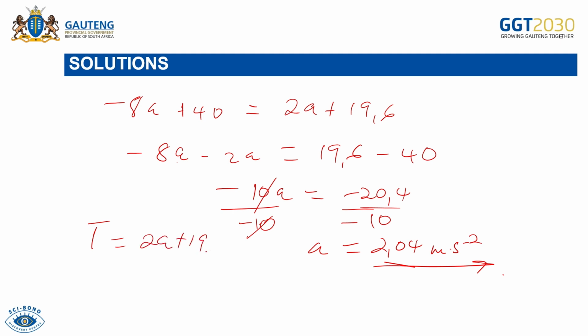2a plus 19.6. Right? So T will be 2 times 2.04 plus 19.6.